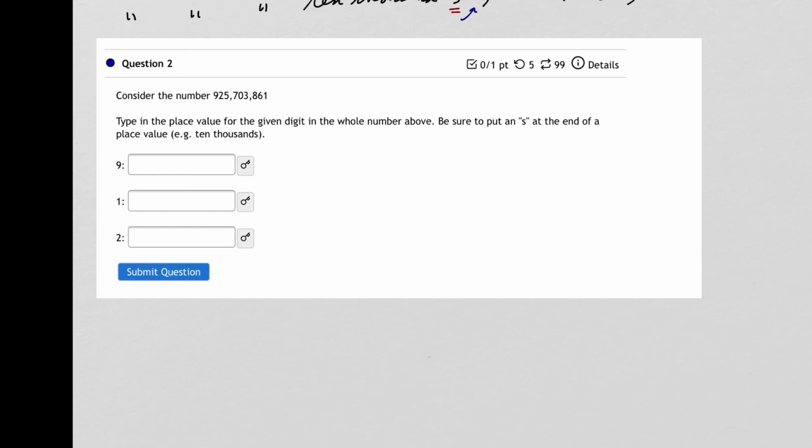Okay, so the 9. Well, what position is the 9 in? Well, if you look up here, right, the 9's right there. First of all, it's in the period of millions, right? And it's 100, so it must be 100 millions. Okay, so 100 millions. What about the 1? Well, the 1 is here. That's in the ones period, and it's actually in the 1 spot, so that's just ones.